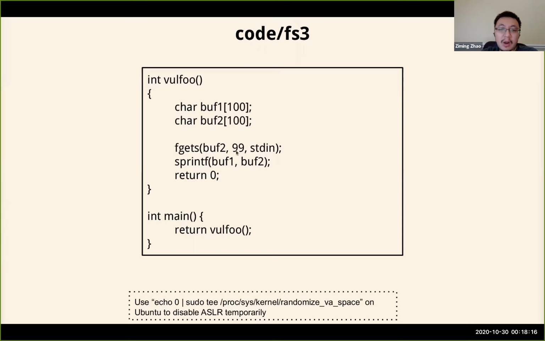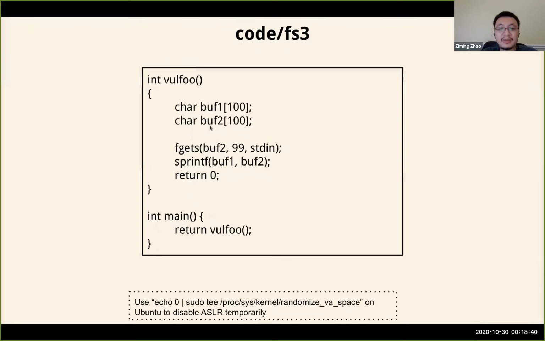But we are only getting 99 characters or 99 bytes from stdin, and we put that in buff2. Okay. So if you put more characters here, what will happen? It will only put 99 characters in buff2. So it's not like it's very easy for you to buffer overflow this one, right?